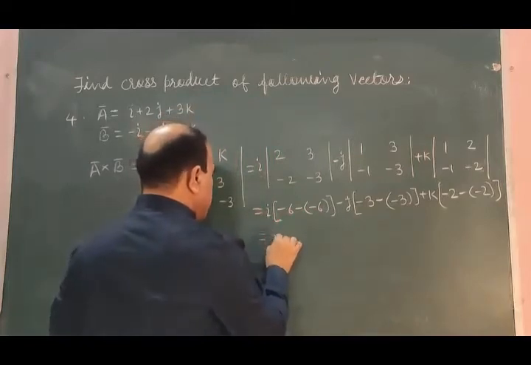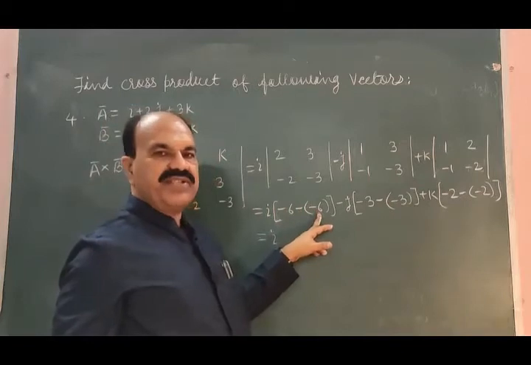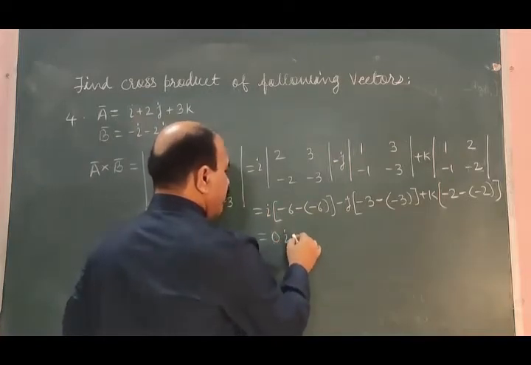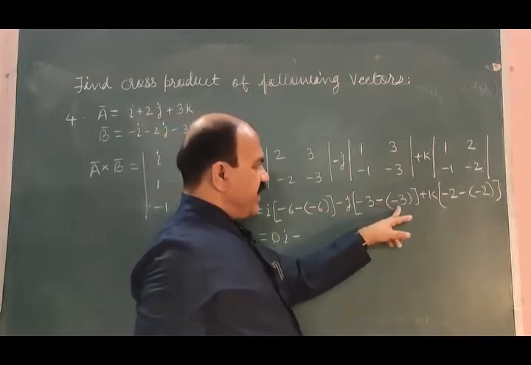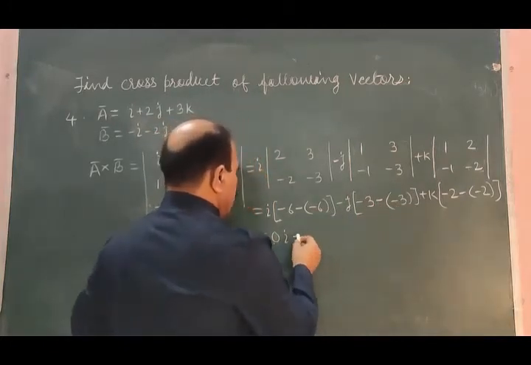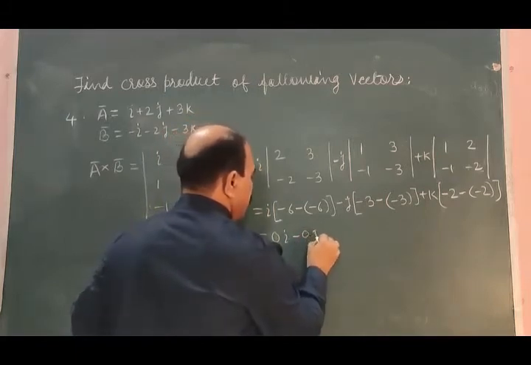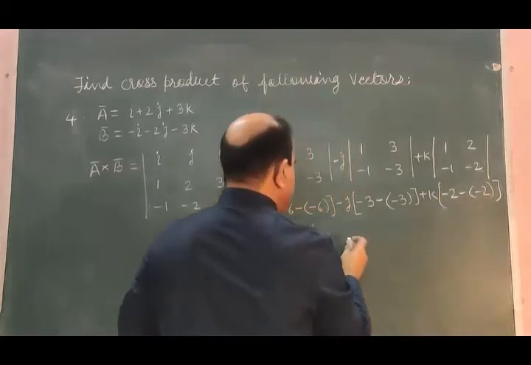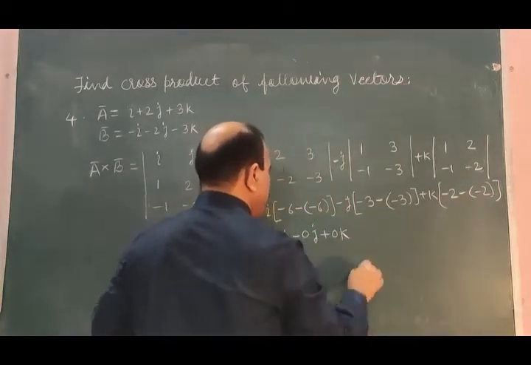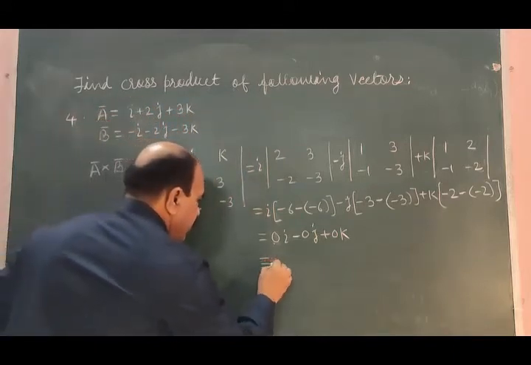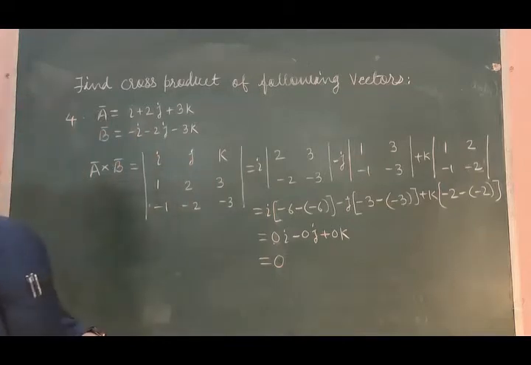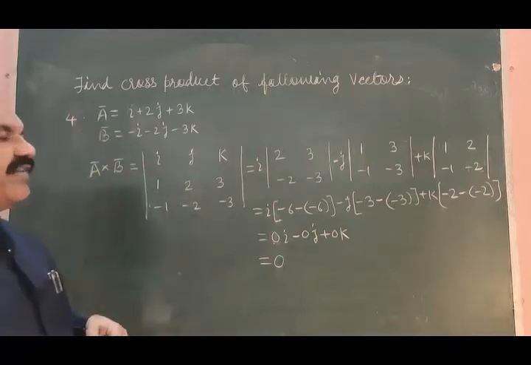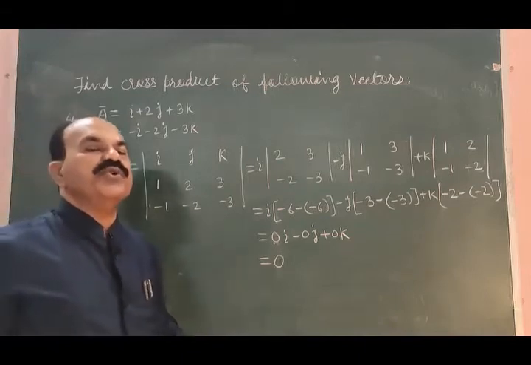This is equal to i into minus of minus 6 plus 6, that is 0, minus j into minus 3 plus 3, 0, plus k into minus 2 plus 2, 0. That is simply 0.